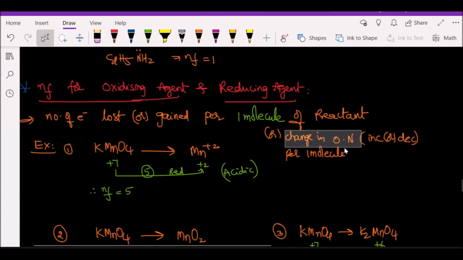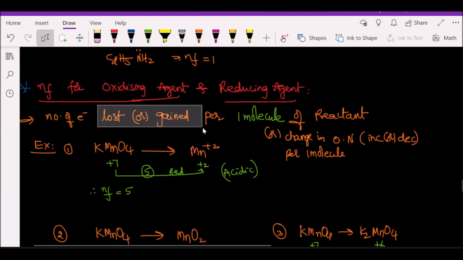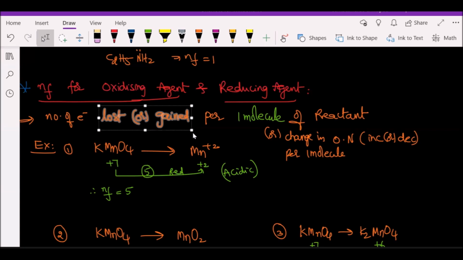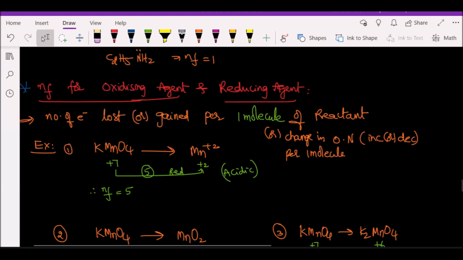Are you seeing this highlighted word? Is it always given as decrease or increase? Did I mention that? No, sir. So here the word is always lost or always gained? Both, we can take both, sir. That's what I'm saying, anyone. Okay, sir. Then 2, sir, for both. Yes, it is.